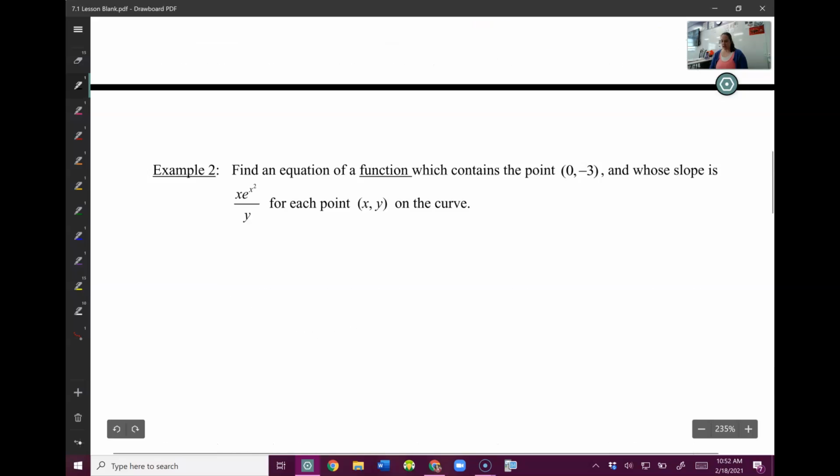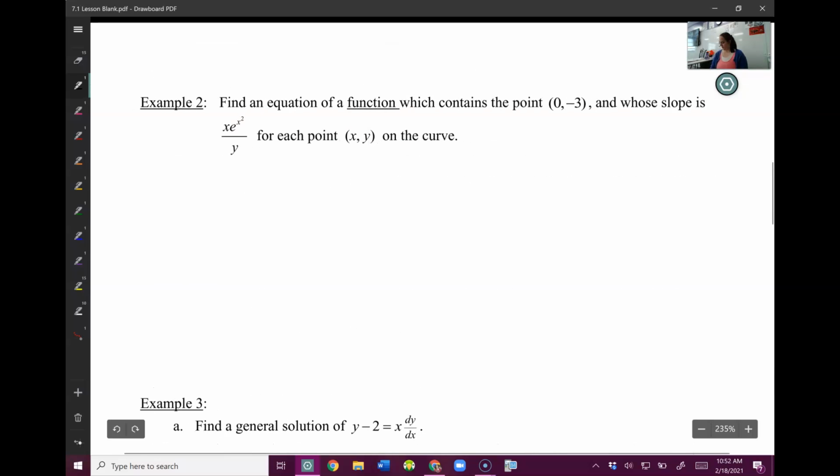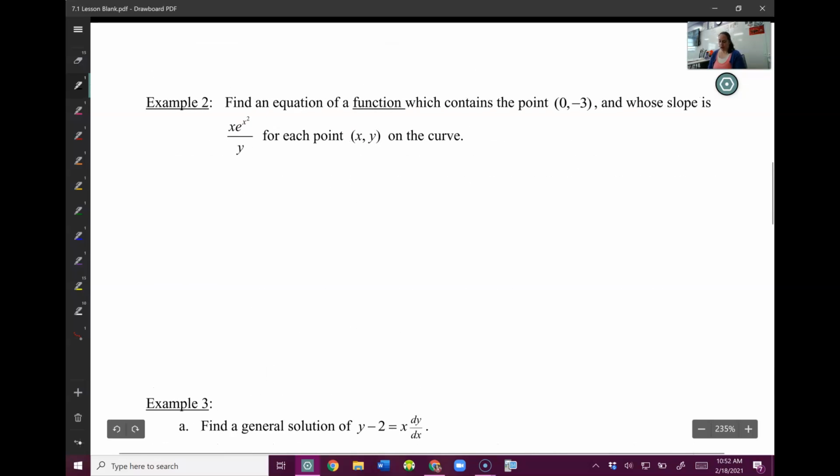Okay, let's try example number 2. Find an equation of a function, so that tells us we need to solve for y, which contains this point. So that right there is how we solve for plus c. That's what that's saying.